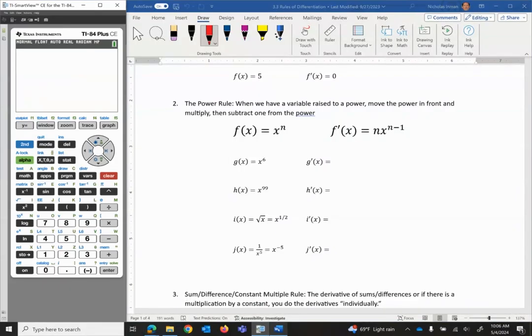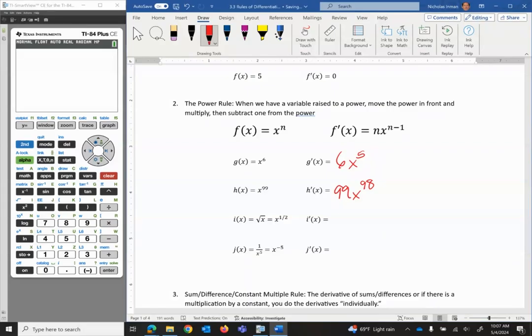If you're taking the derivative of something to a power, you just move the power to the front and reduce by 1. So the derivative of x to the 6th is 6x to the 5th. The derivative of x to the 99th is just 99x to the 98th.